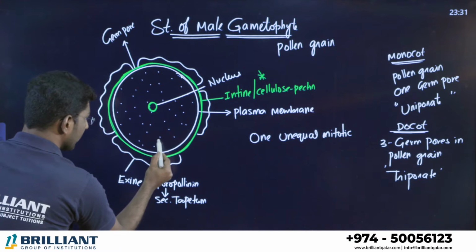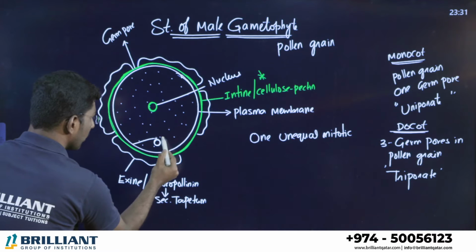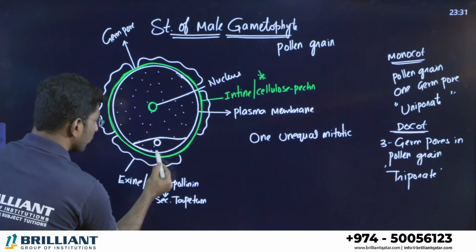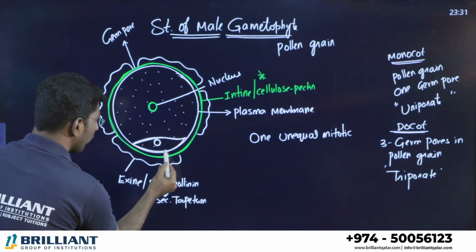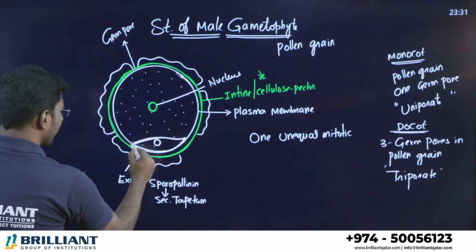Look here, there is one more nucleus here and this is a cell. You get my point? So one smaller cell will form and one bigger cell will form. Unequal division. Okay, so this upper one is the bigger cell.